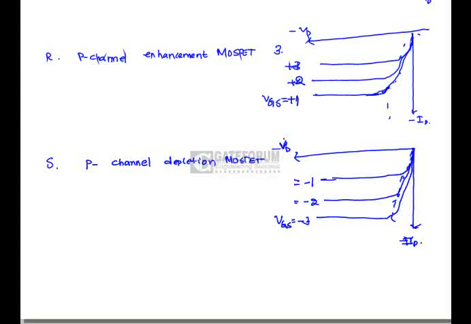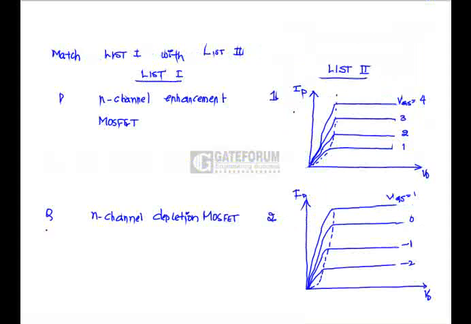So, according to the explanation, for the N channel enhancement MOSFET, P equals 1 matches Q equals 2. Whereas for the P channel MOSFET, we can operate the P channel in both ways, that is enhancement as well as depletion. So for enhancement, VGS must be negative.